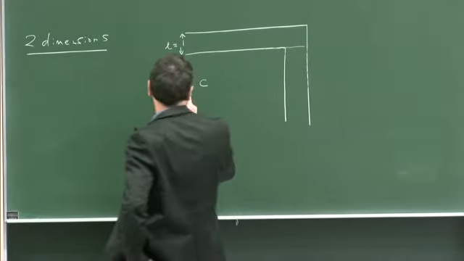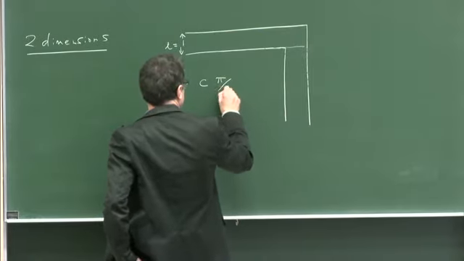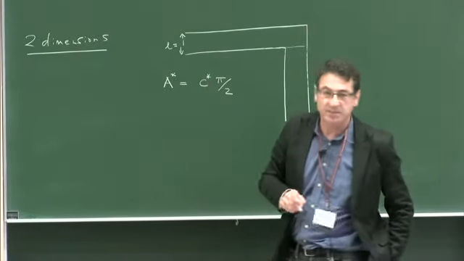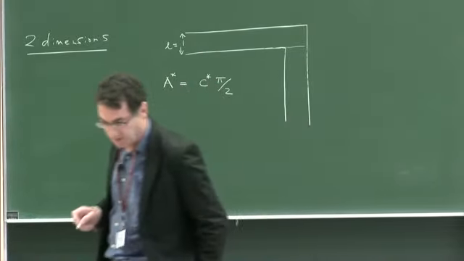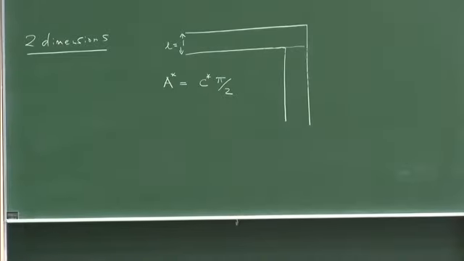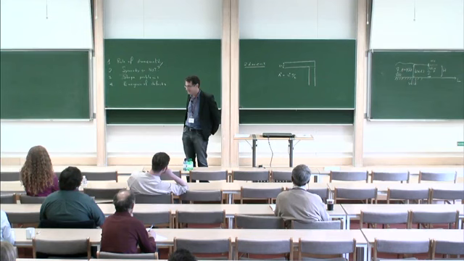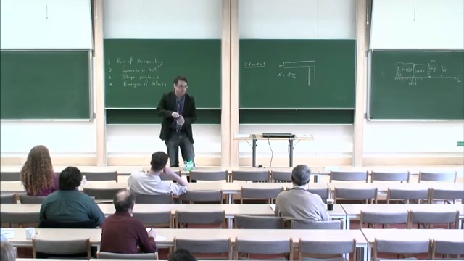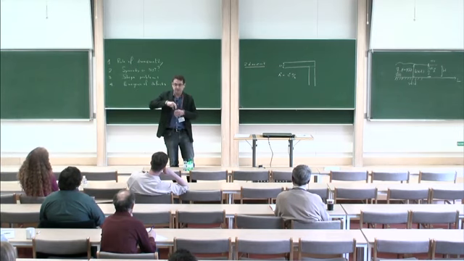So let's divide out by pi over 2. So this is some constant times pi over 2. So anybody know what that constant is? So this is actually an unsolved problem.